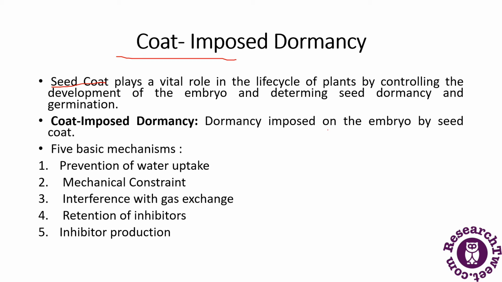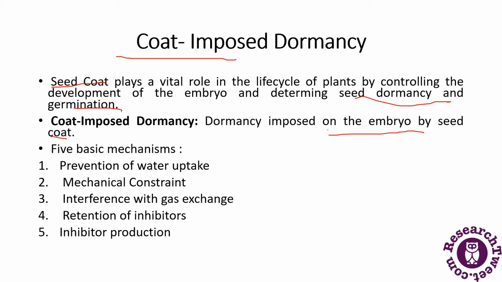Just after seed dormancy is the step of germination, so that's why we have written seed dormancy and the germination after that. So coat imposed dormancy is imposed on the embryo by the seed coat.